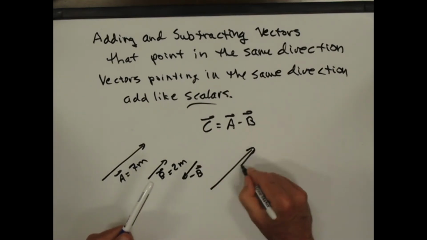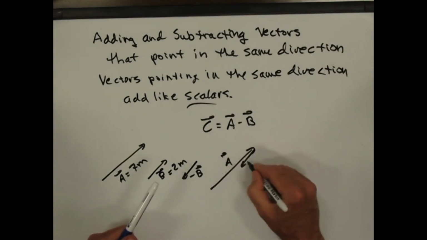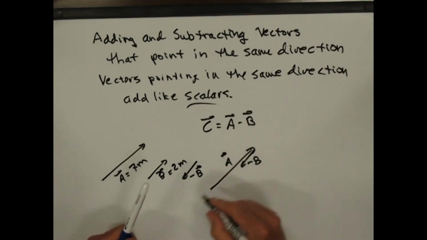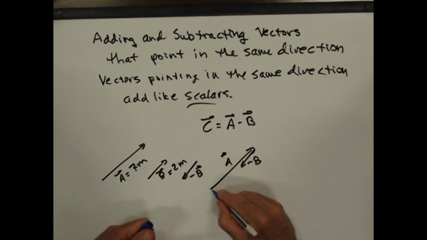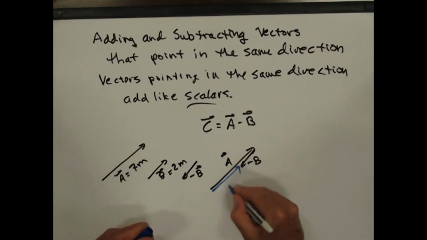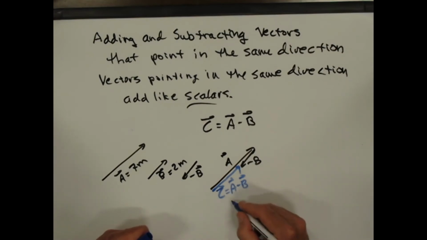Still 2 meters, but now it points this way. And so this is A, and this is minus B. And so again, when I'm adding vectors, I go from the tail of the first vector to the tip of the second vector. And so C equals A minus B, right? And so the magnitude of C would be 5 meters, because it would be 7 minus 2.